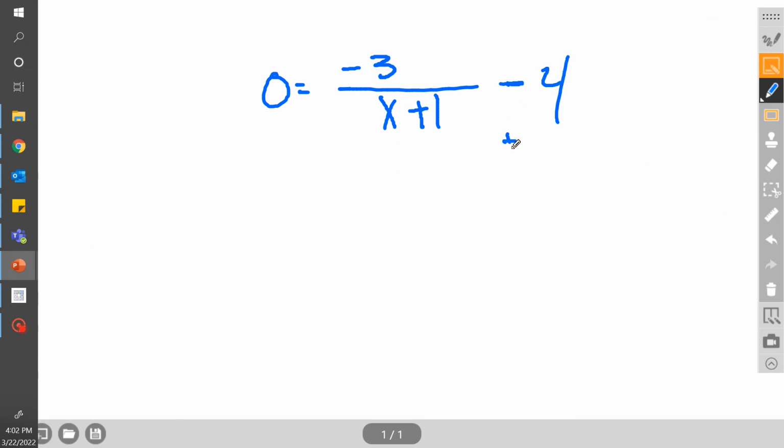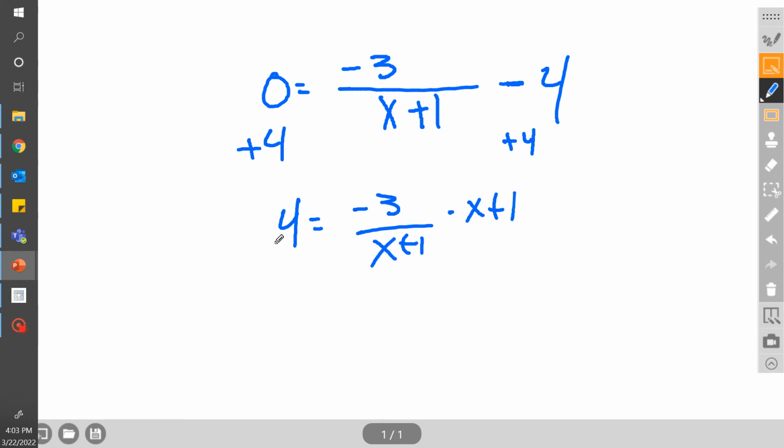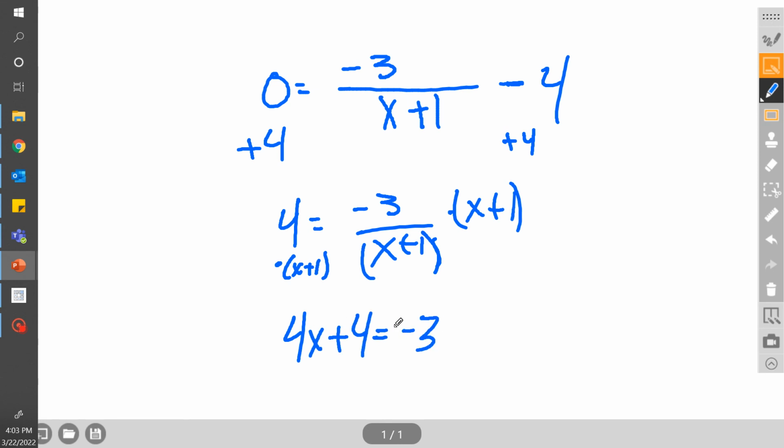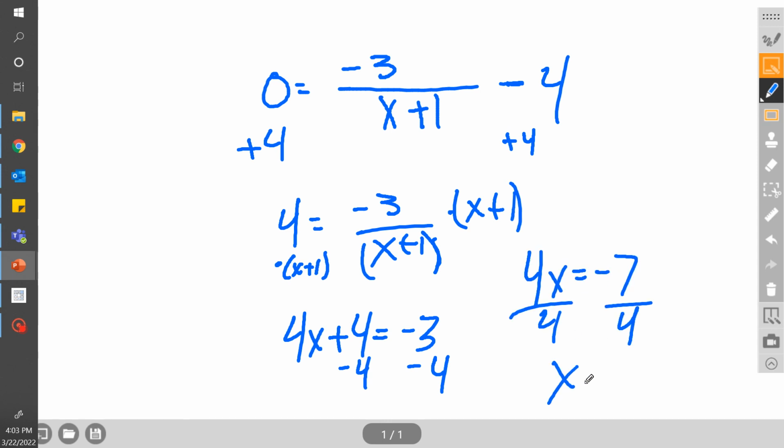So plus 4 equals -3 over x plus 1, multiplied by x plus 1. We got 4x plus 4 equals -3. I can solve this for x. So minus 4. 4x equals -7. Divide by 4. So x is equal to -7 over 4.